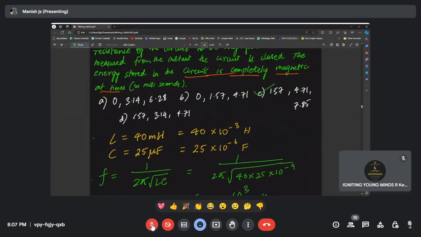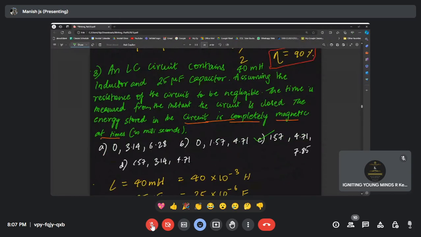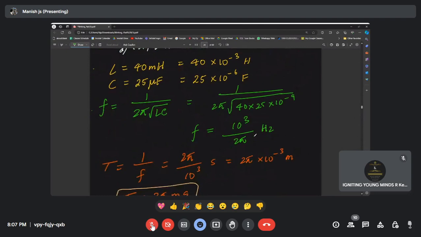So like this, you will approach this question. I am repeating, let me explain it again. Whenever you have a question where they have given you the value of inductor and capacitor, and assuming that the resistance is negligible, they ask what are the times at which it is completely magnetic. First, you find the frequency using the formula 1 upon 2 pi root LC.